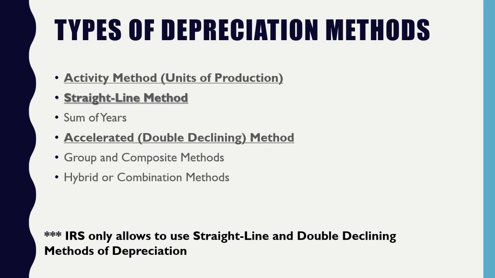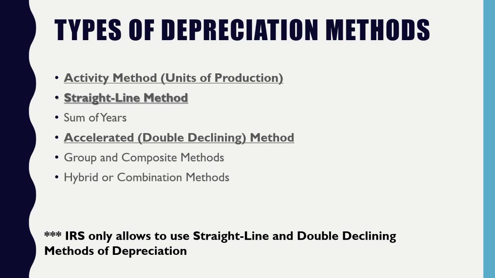Any questions before we move forward? So for class, we're only using the three that are underlined? We're only learning three: units of production, straight line, and double declining.